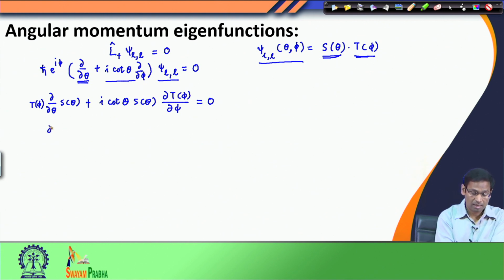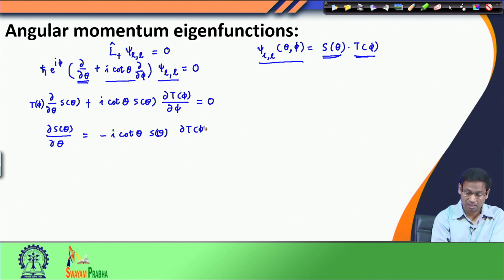Here I have ds of theta by d theta plus this term equals minus i cot theta s of theta dt of phi by d phi, and I bring this t of phi from the left hand side to the right hand side.